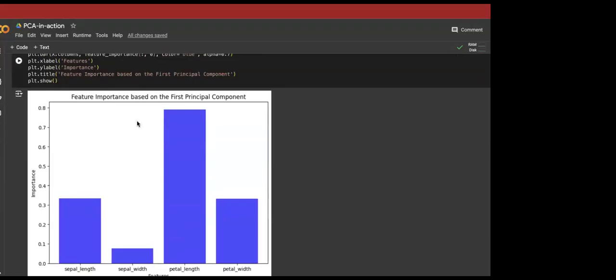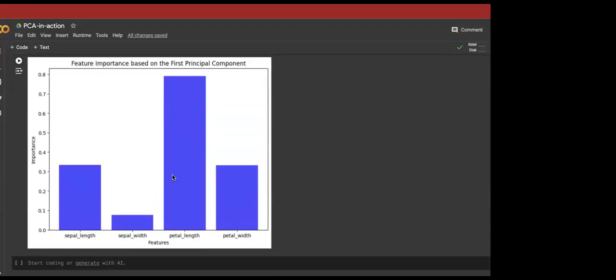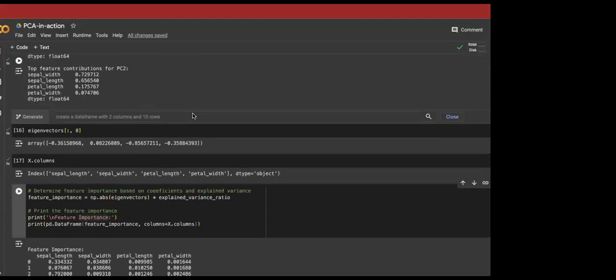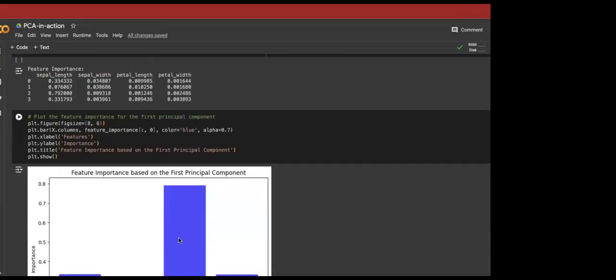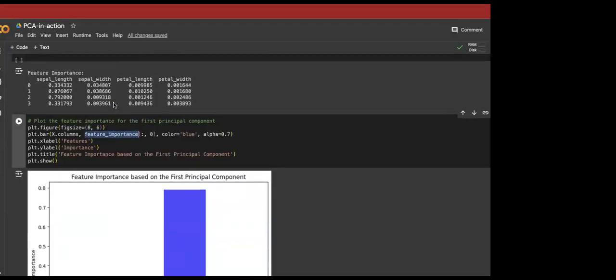I have plotted the feature importance for the first principal component using the explained variance ratio and the feature contribution. You can see that petal length was contributing the most, so I've just plotted that value from the feature importance.